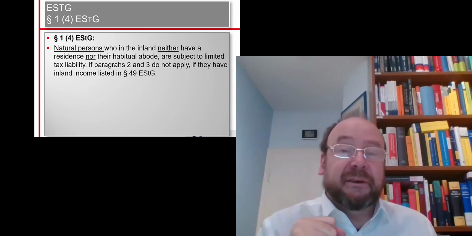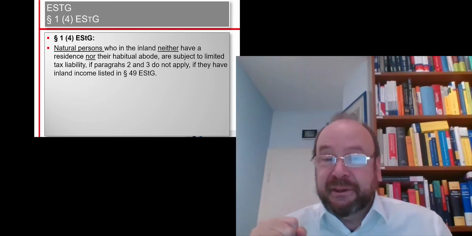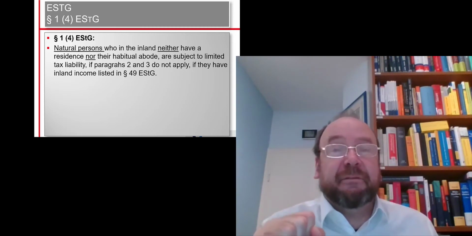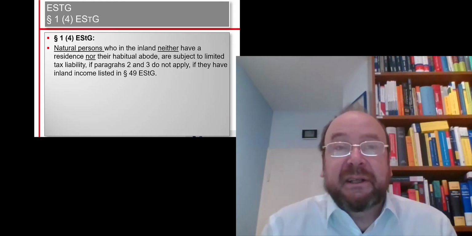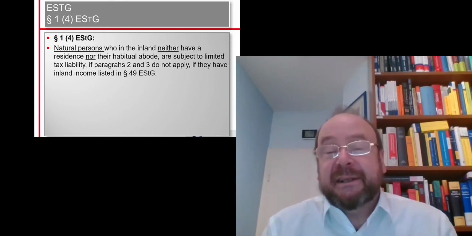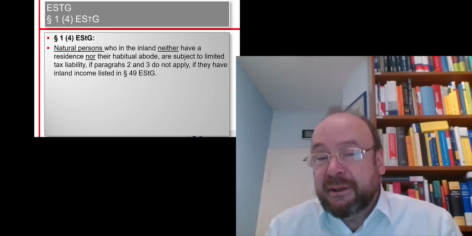You are only called a limited tax liability taxpayer if you have at least obtained €1 of taxable inland revenue. That's just a formal aspect.